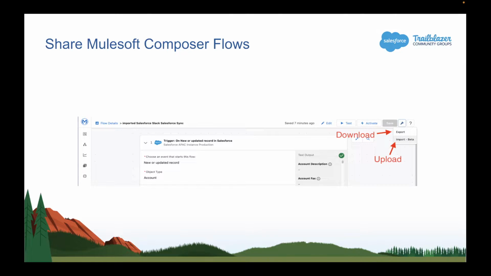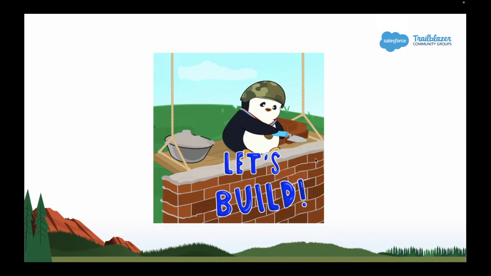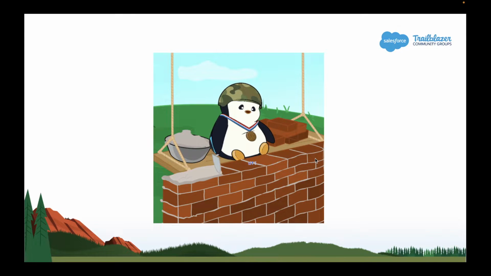If I want to upload it into another MuleSoft Composer instance, I simply click on the settings icon again and upload my JSON file. Once I upload it, MuleSoft Composer itself identifies and builds the entire flow for me, right? Everyone is excited to see how it works.